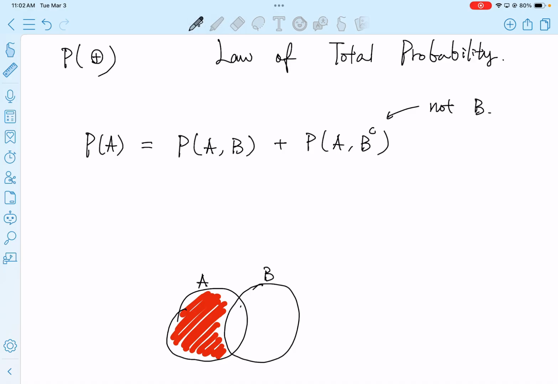Let me also color this region in black. The probability of the joint of A and B is represented by when the two events occur at the same time, so you will have the black region where they overlap.